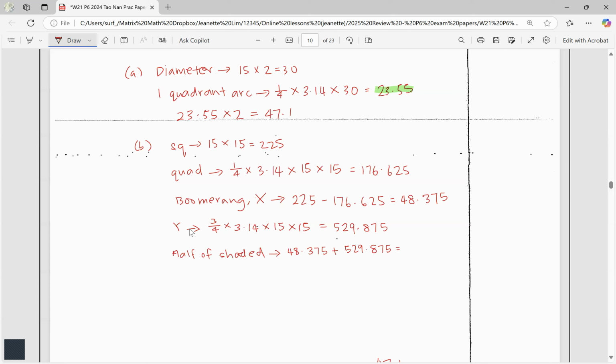When you add them up, you should get 578.25.